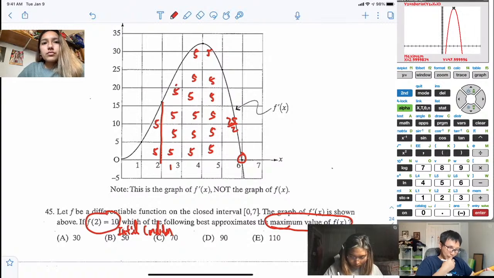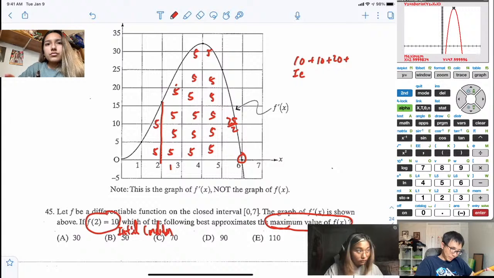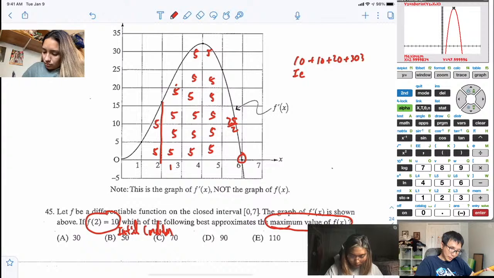Maybe 5 and more. So basically, you start with 10. This is the initial condition. And you're going to add 10, plus maybe 20, plus maybe 30, and 30, and plus 25 over 2.